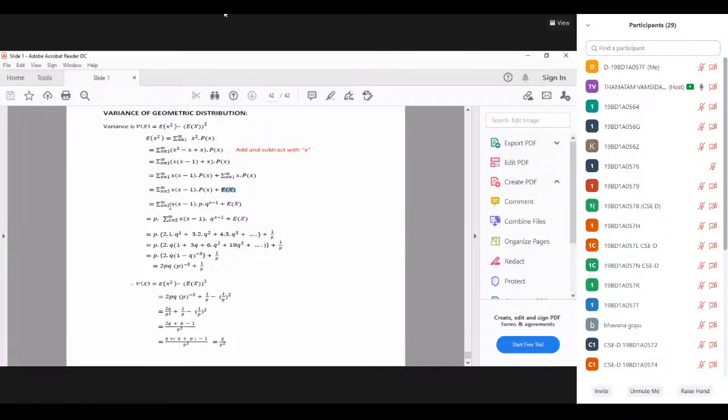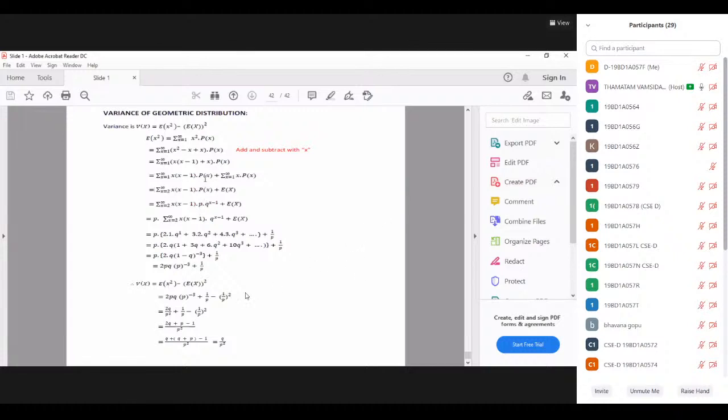Now all of you simplify the first term. Here summation x equals 2 to infinity x into x minus 1 into P of x.